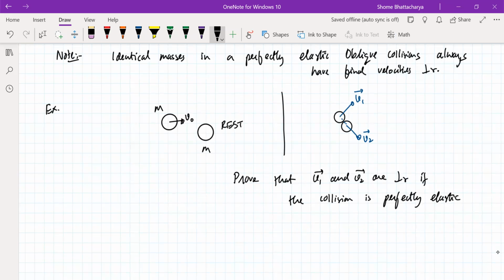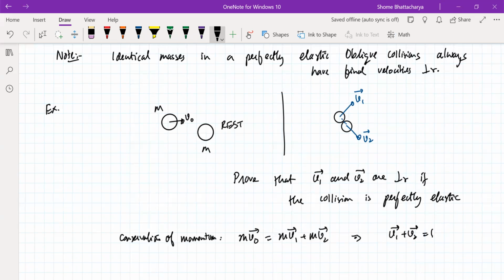As we go along, we'll see 2 or 3 different ways of proving this, but the simplest way of proving this is that we have mv0 is equal to mv1 plus mv2, momentum conservation. Okay, so this gives us that v1 plus v2's vector sum is equal to v0 because the masses are equal.